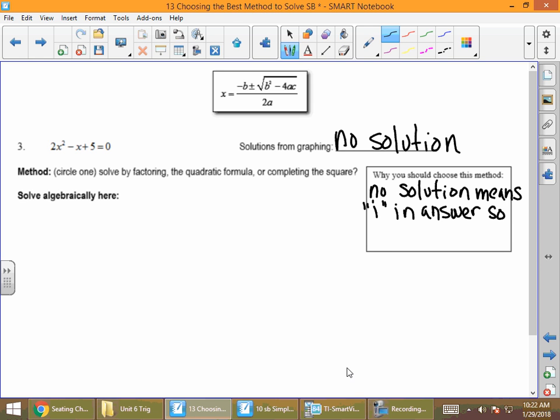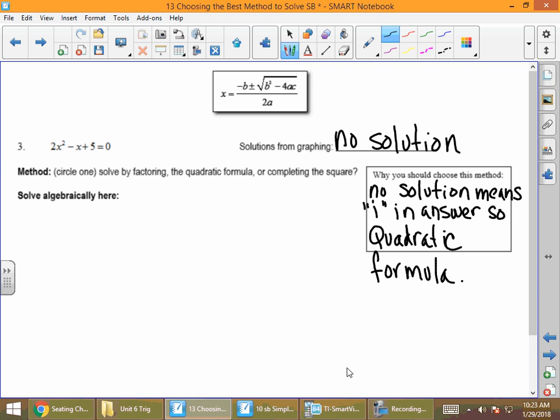So let's use the quadratic formula. Once again, the nice thing about the quadratic formula is you can pretty much use that method on any of them. You will be asked to do specific methods, but there will also be a time when you're given a choice.